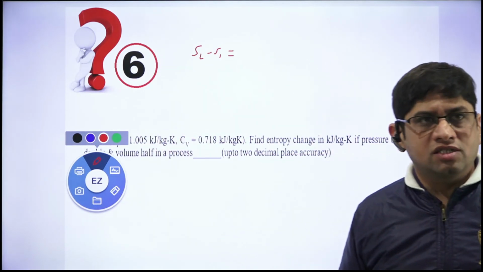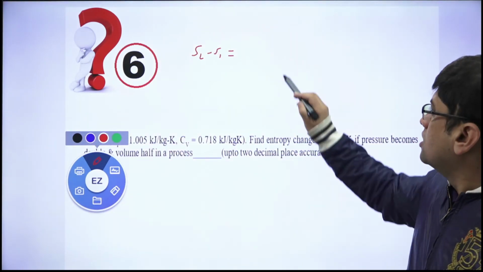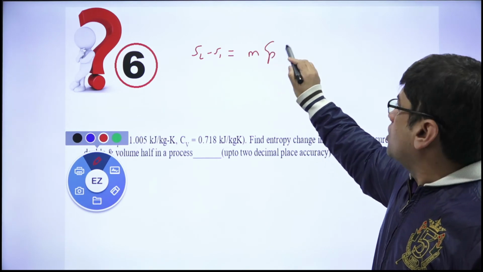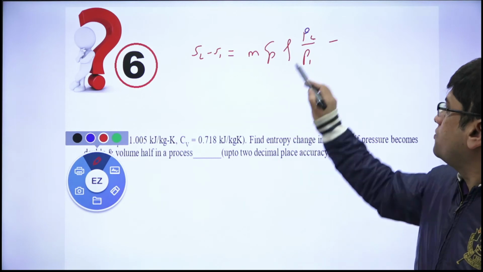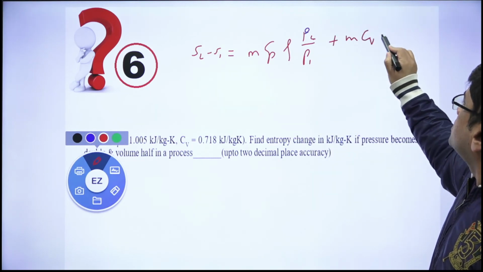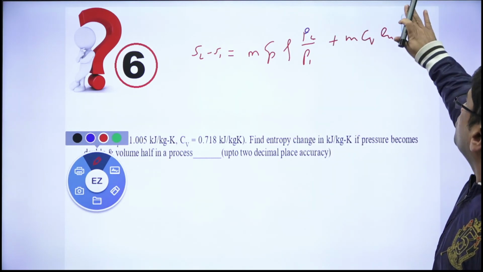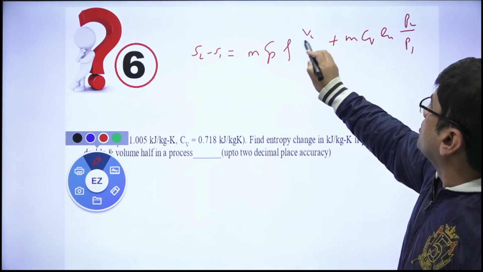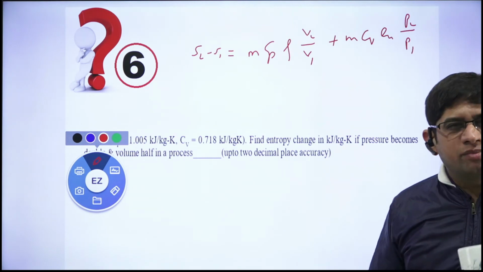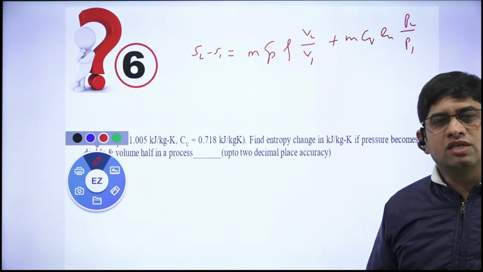I gave you 3 equations. The third equation is mCp log of V2 by V1 plus mCv log of P2 by P1.